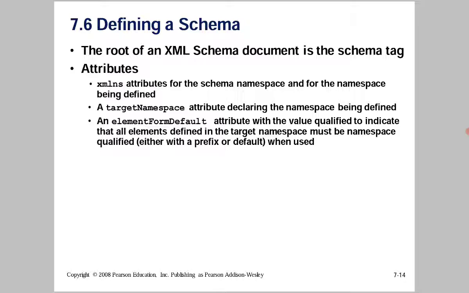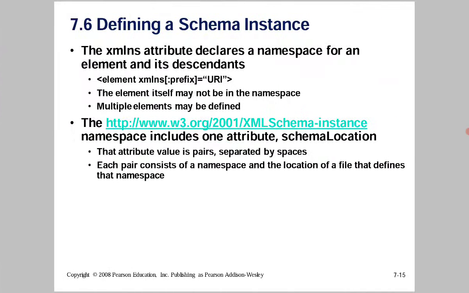And what are the attributes? Attributes means some parameters or properties. So what are the attributes used with the schema tag? xmlns attributes and other attributes are also used. So defining a schema instance. How to define a schema instance, or a copy of a schema?